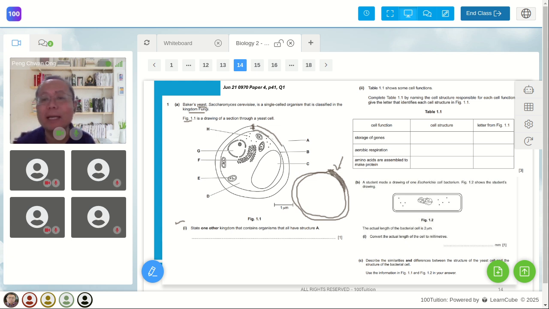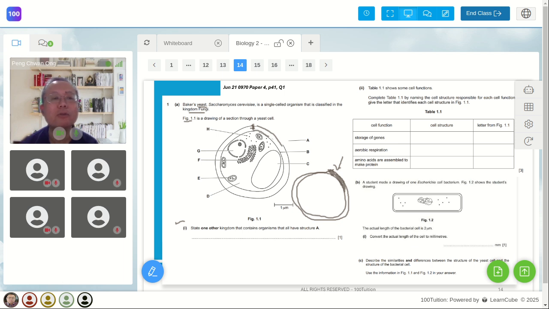Okay, just as a practice, can you tell me what G is? Can you type the answer? Okay, good.